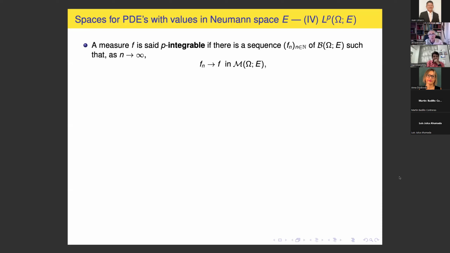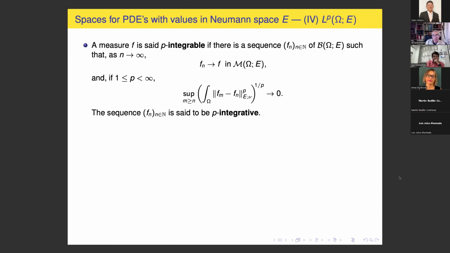So we say that a measure f is p-integrable if there is a sequence fn in B of omega with values in E, such that fn goes to f in the space of measures, first condition, and the second condition, if p is finite, it is a Cauchy sequence for each seminorm for the integral of the power of p.